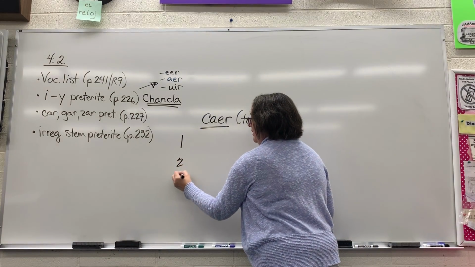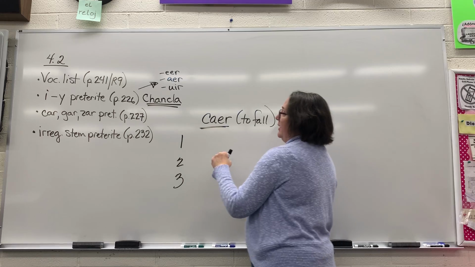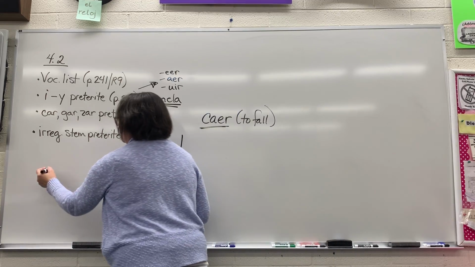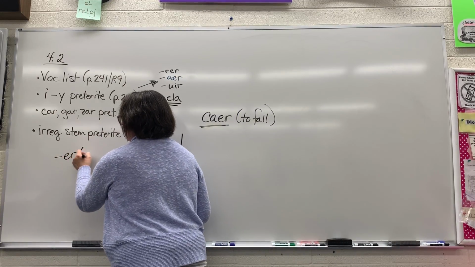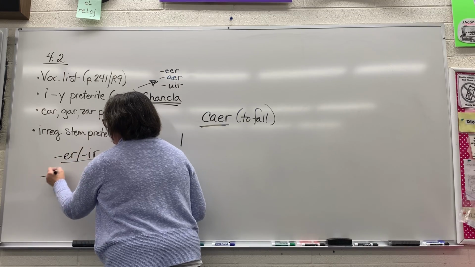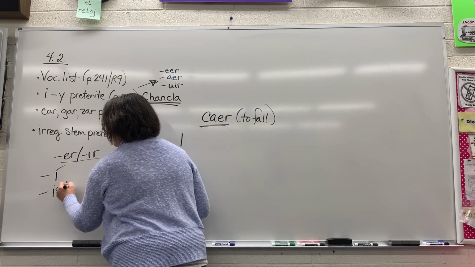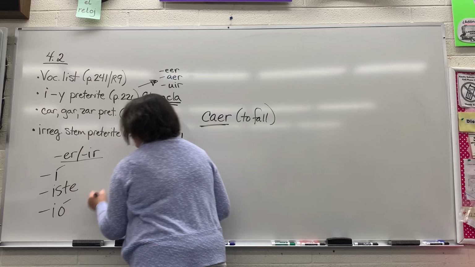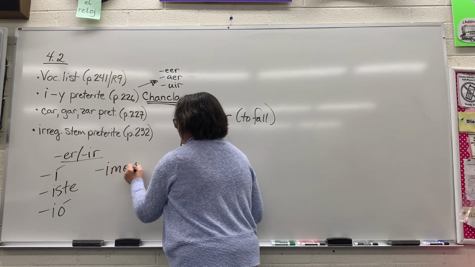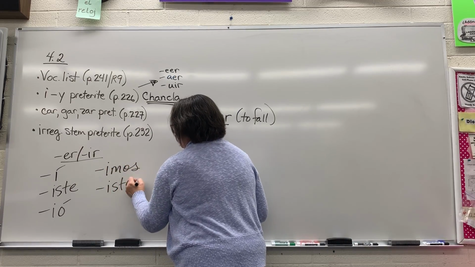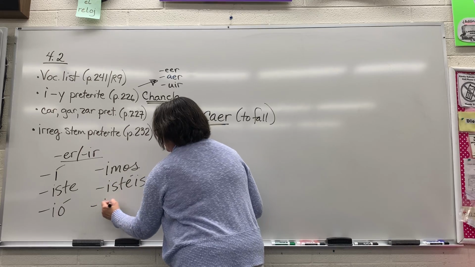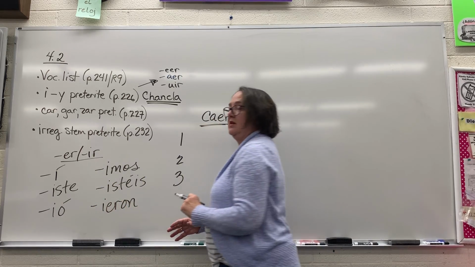So if you remember, your ER and IR forms in the preterite go iste, ió, imos, isteis, ieron. Okay? So let's try that.